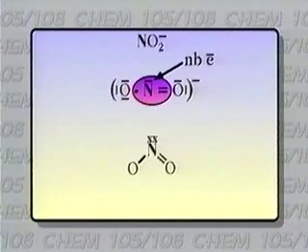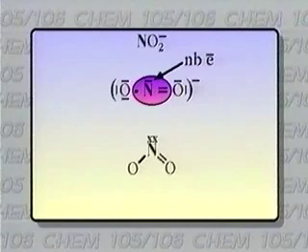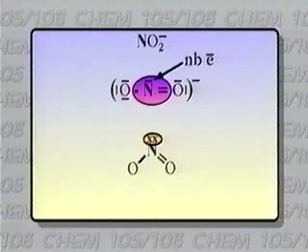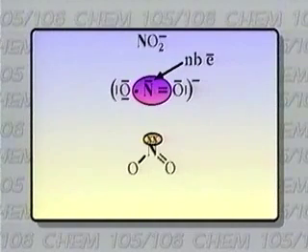So the 3 groups, 1, 2, 3, are in fact in a triangular shape. However, we cannot see the non-bonding electrons, and if we take that part of it away, of course, we're only left then with a molecule, or an ion in this case, that looks bent.